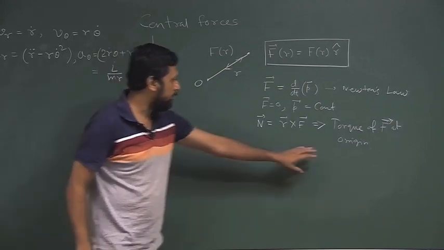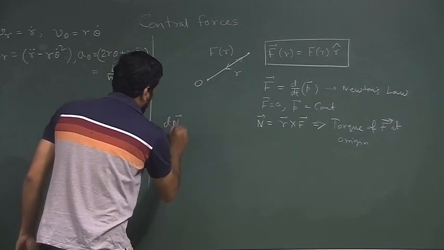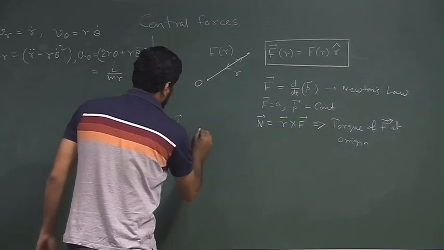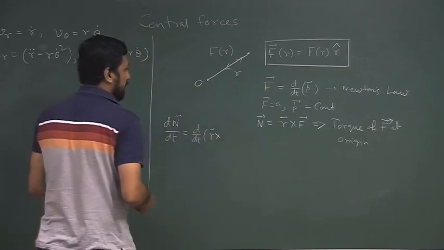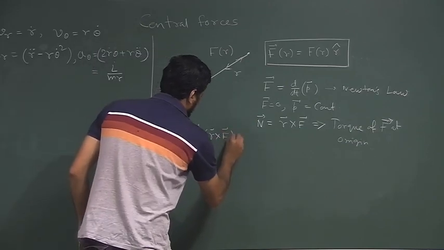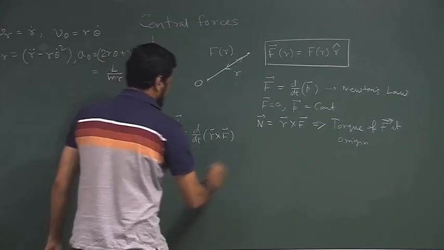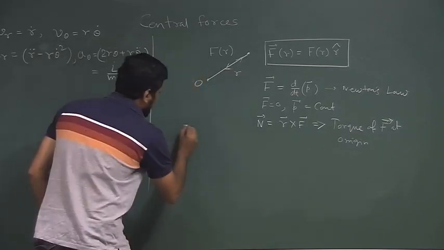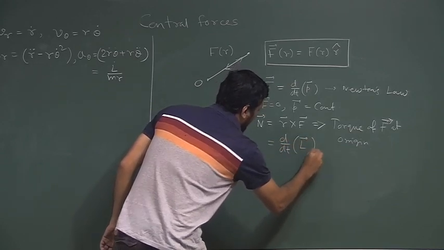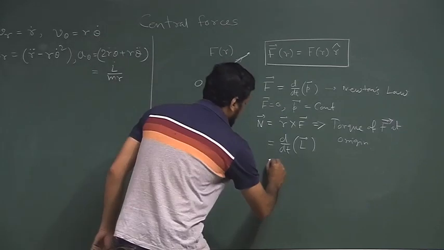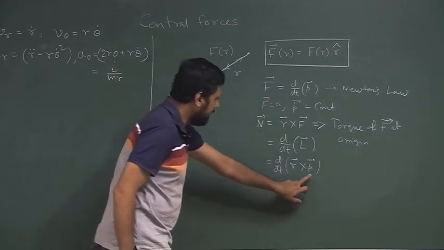Torque of this force F at origin is given as N. Now, if we take d dt of r cross F, there is a relation that says N is equal to d dt of L, L being the angular momentum, which is defined as r cross p, p being the linear momentum.